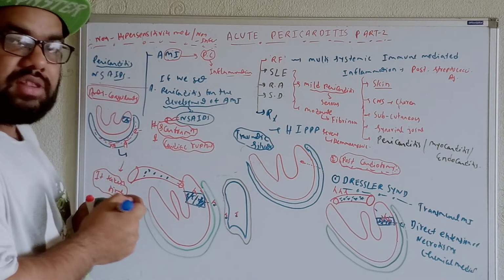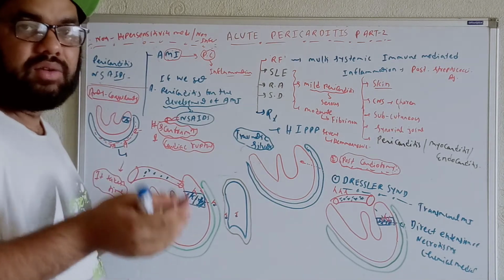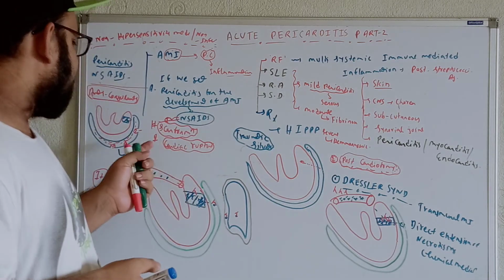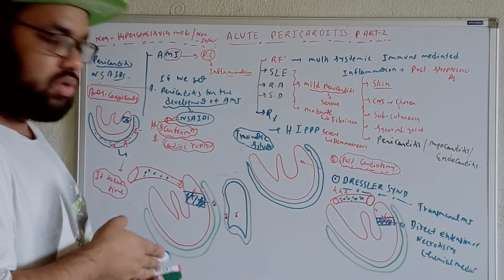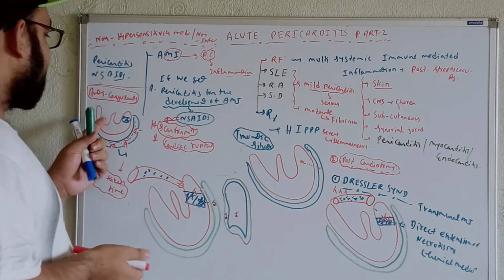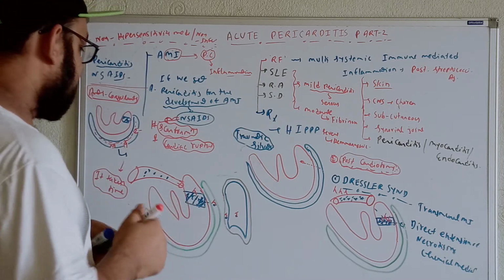Whenever the blood within the pericardium increases, the pericardium will compress the heart from all sides. There is a chance for the development of cardiac tamponade, that can cause the death of the individual also. So we have to make sure that we avoid the anticoagulant drugs in these cases.